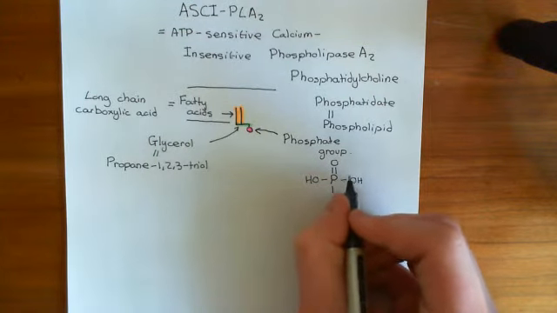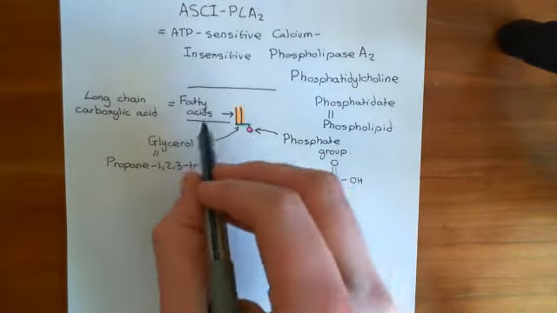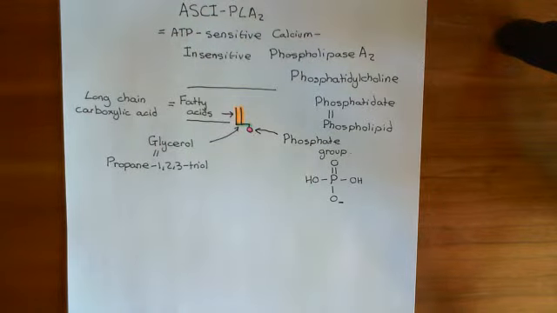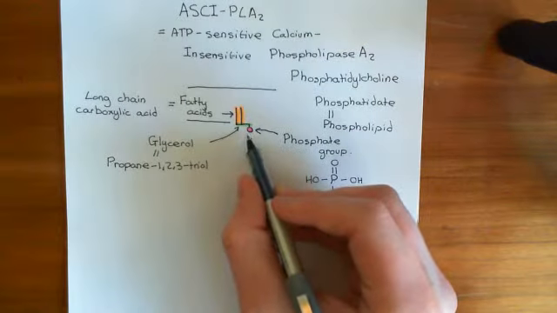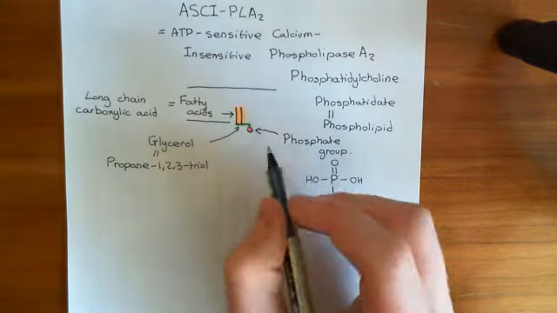And that can then link to another alcohol group, and that's what's going to happen. So this is the structure of a normal phospholipid, or a phosphatidate molecule. Now, in order to make phosphatidylcholine, what we are going to do is add on a choline molecule which has an alcohol group onto the free alcohol group of the phosphate group here.